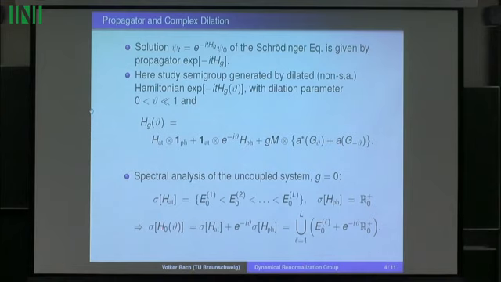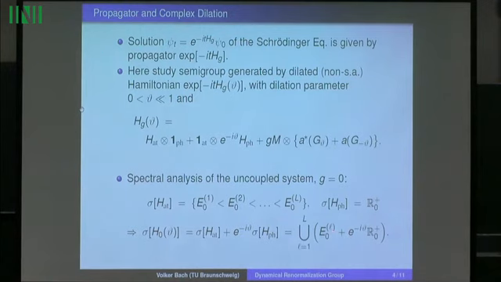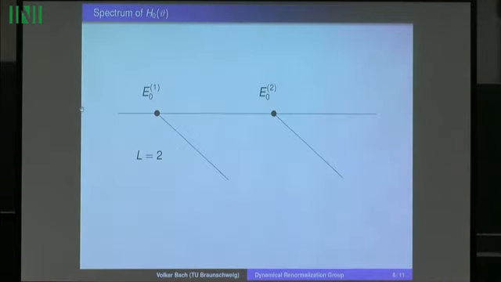So the spectrum of the non-interacting but dilated Hamiltonian, sigma of H0 of theta, is therefore the union of half rays, half axes pointing into the lower half plane emanating from these energies E0L. So let's look at this in a picture. For L equal 2, the situation is as follows.